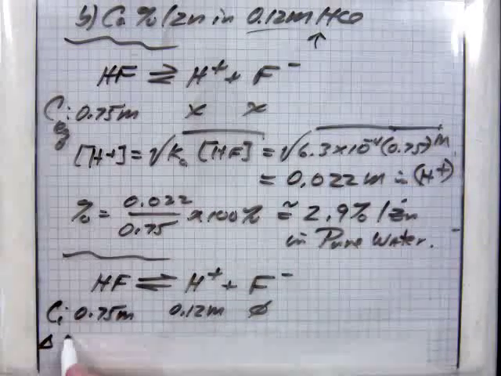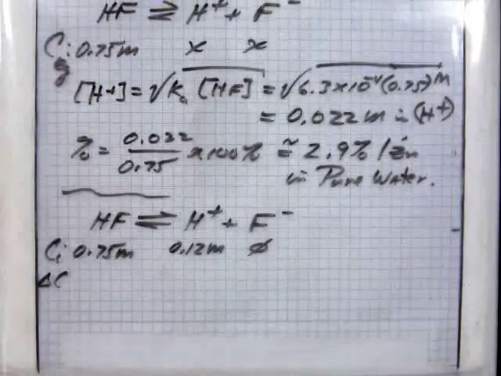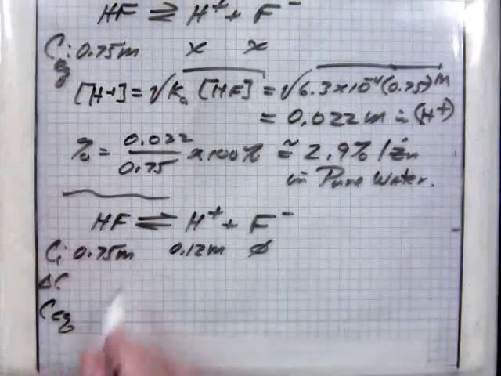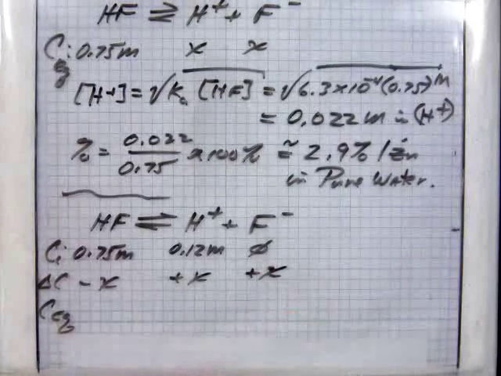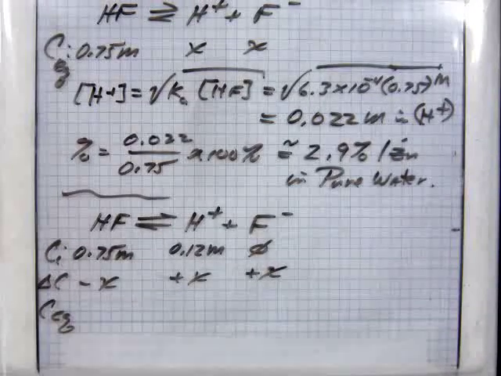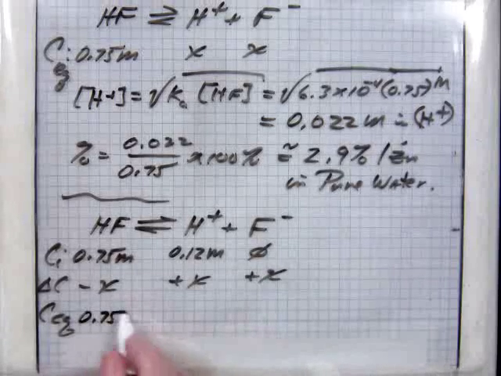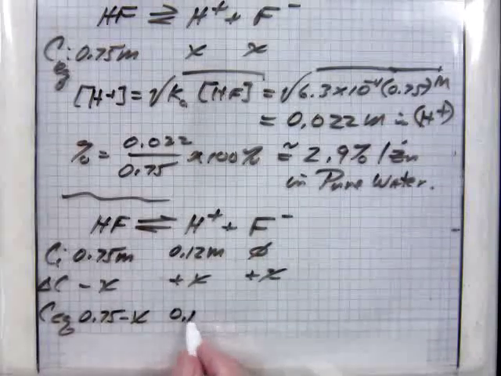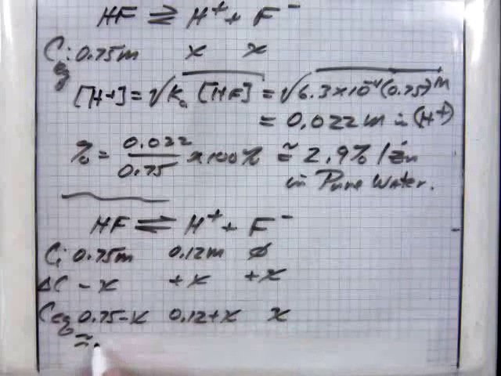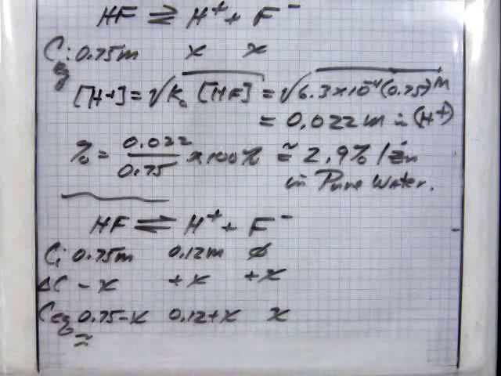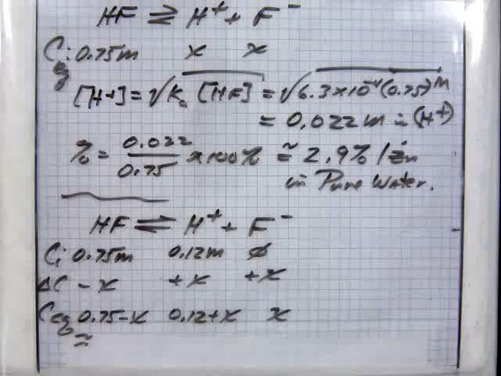And then you're changing, minus X, plus X, plus X at equilibrium. So whatever we get for X is divided by 0.75 and times 100. Of course, you can drop the X. If it's decreasing ionization, you can certainly drop it in the common ion. You can drop it in the pure water.